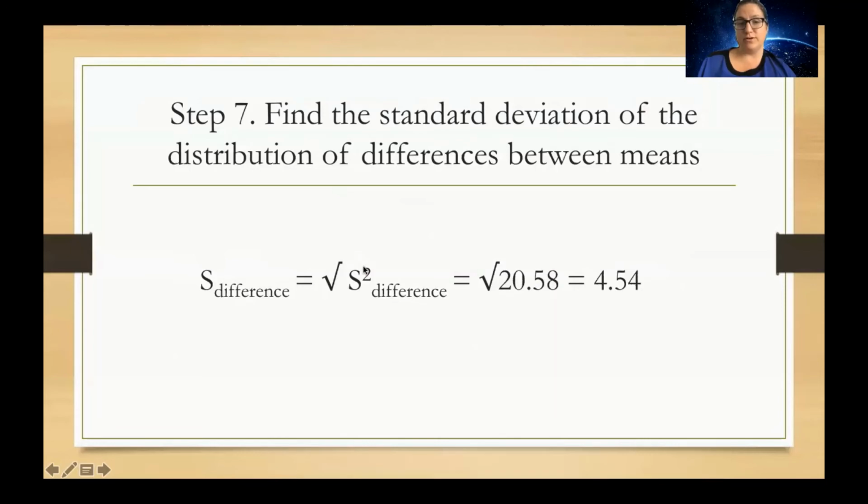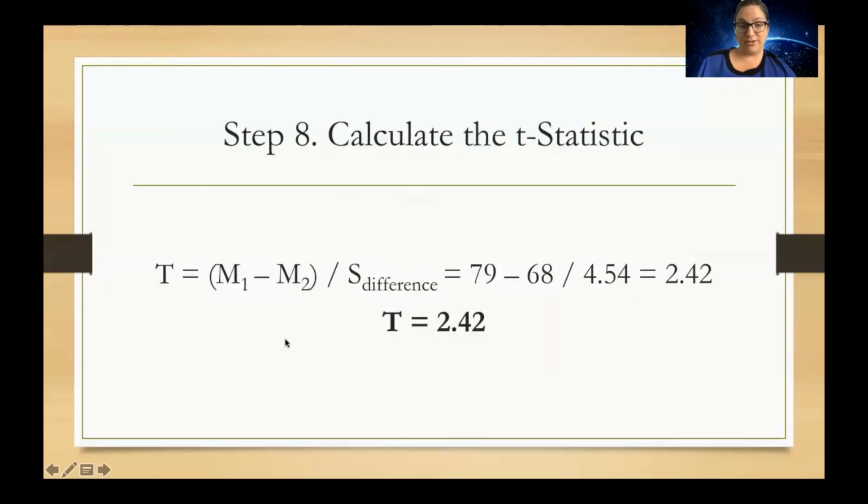The square root of 20.58 is 4.54. So now you are ready to calculate your t-statistic. Your t-statistic is simply the mean of the first group minus the mean of the second group, divided by the standard deviation of the distribution of differences between means that you just calculated, that 4.54.